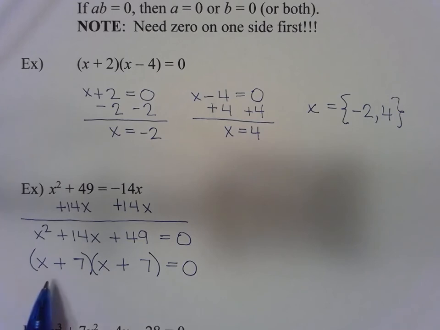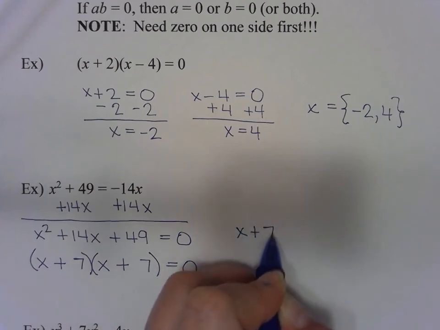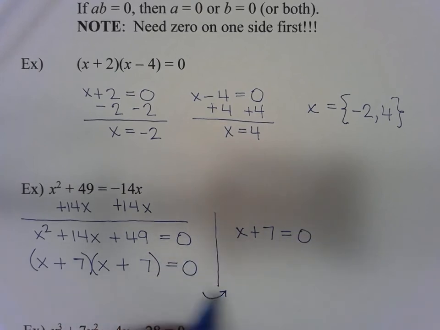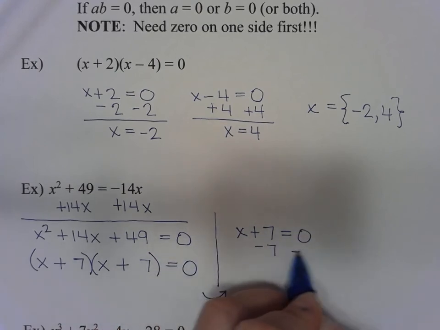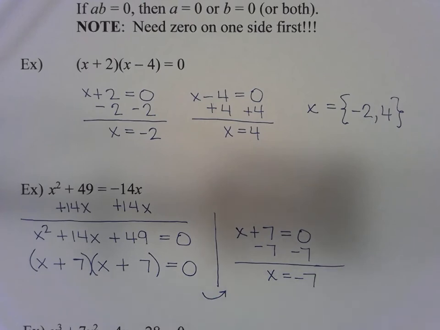Then the last step is just to set each of these equal to 0. This time they're the same, right? So that's kind of redundant. I don't have to do it twice. I can just do it once because I'm going to get the same answer repeated. So I get one answer, x equals -7.